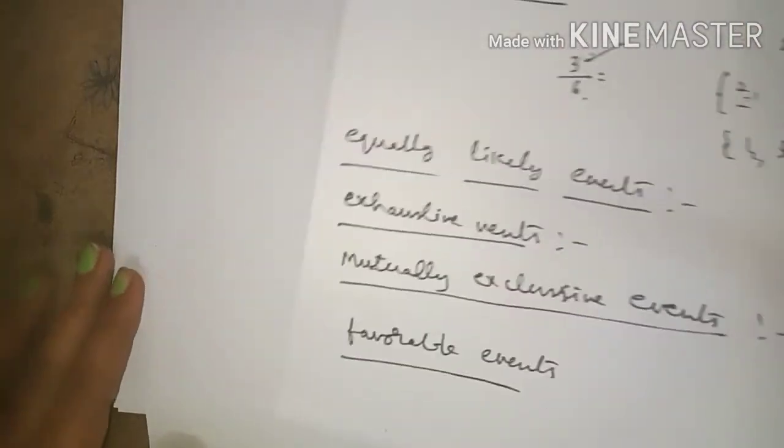Now, finally we will go to the probability definition. One experiment is conducted under essentially identical conditions.